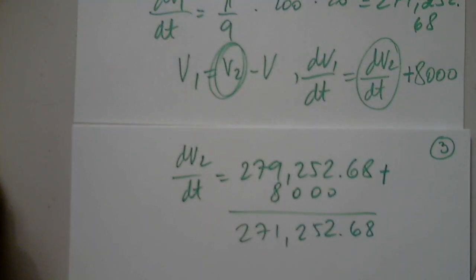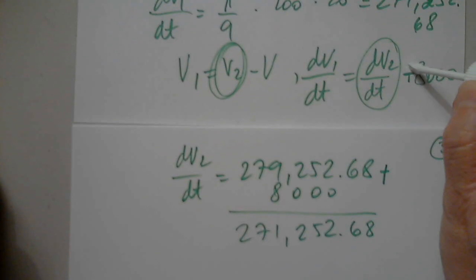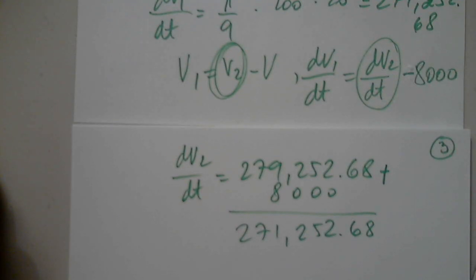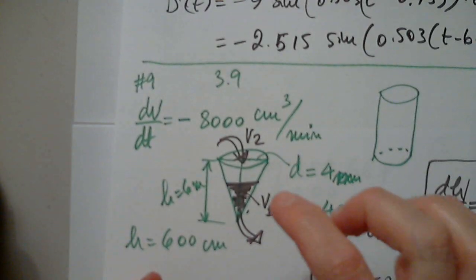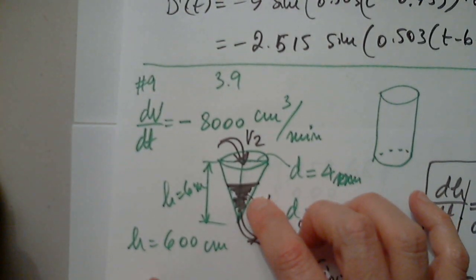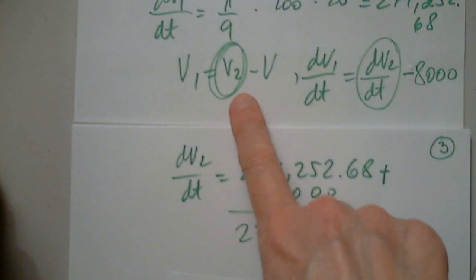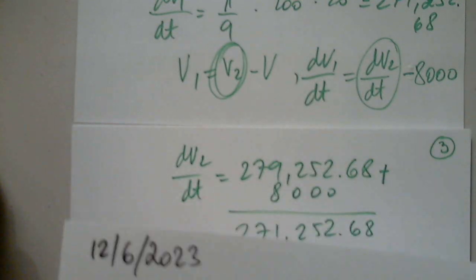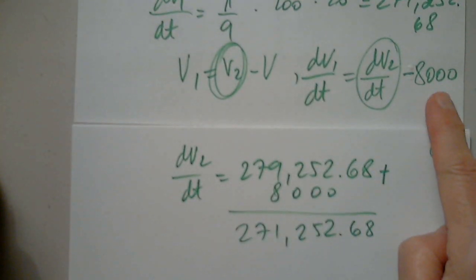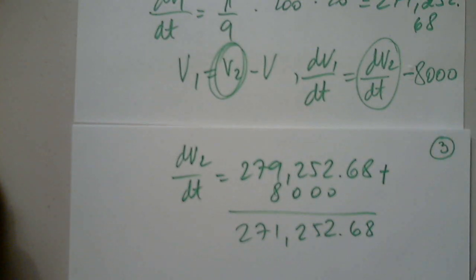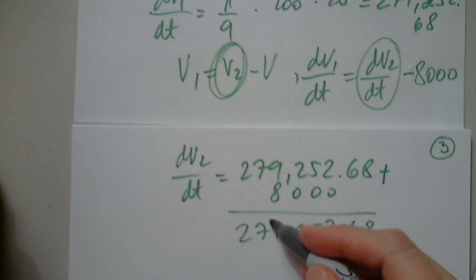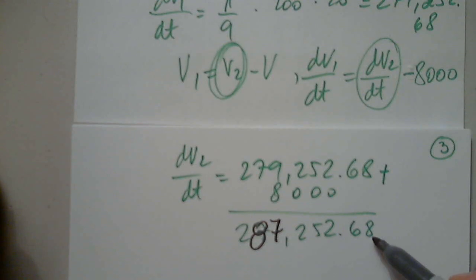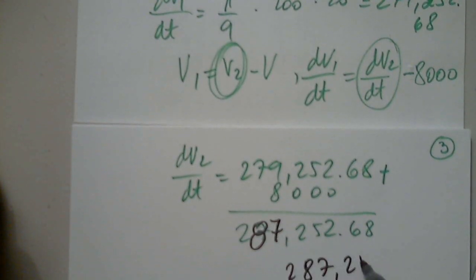So, at any point in time, the existing volume of water is what is coming in minus the 8,000. Okay? So plus 8,000.